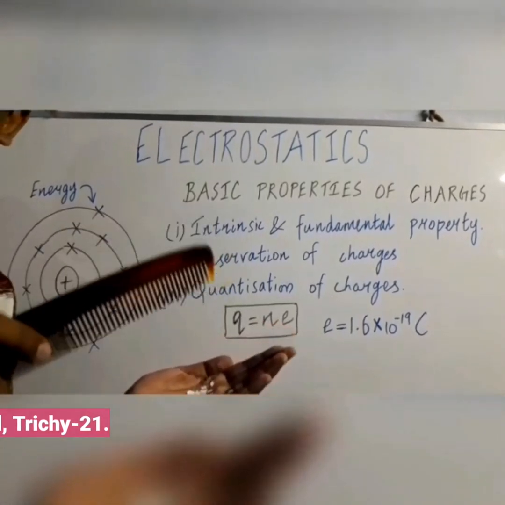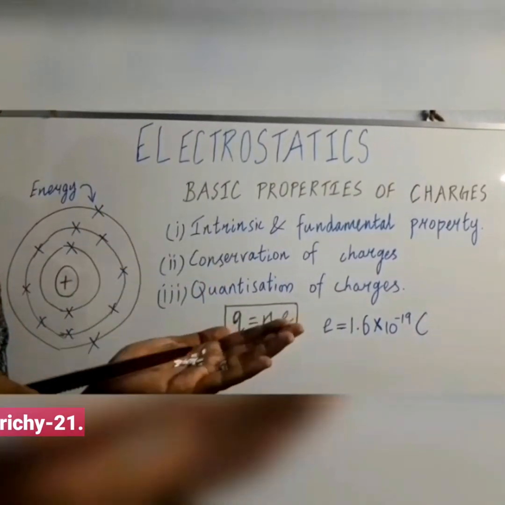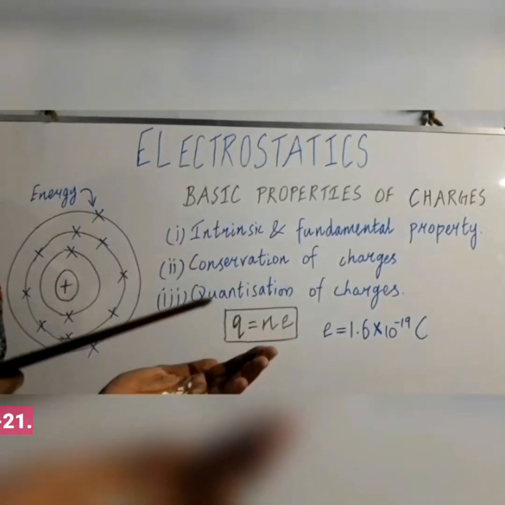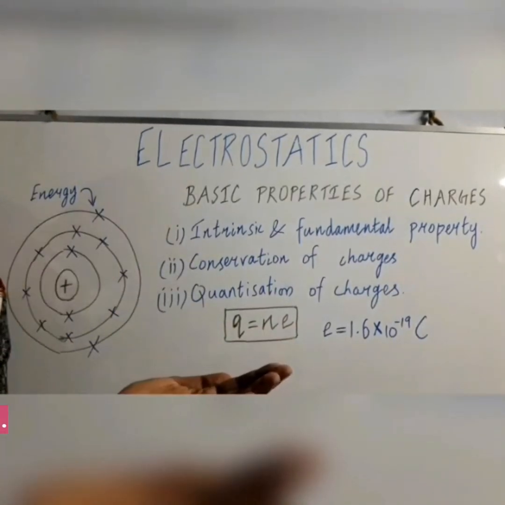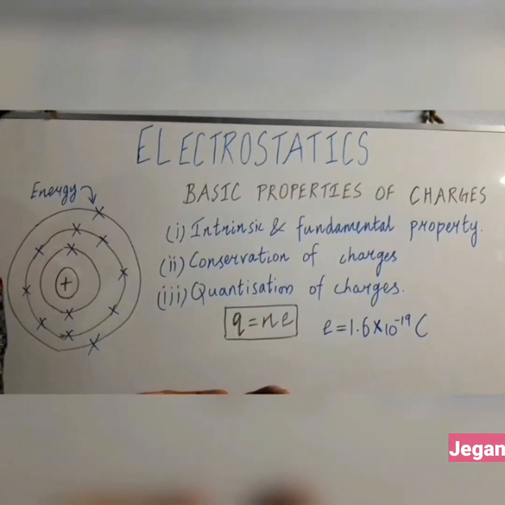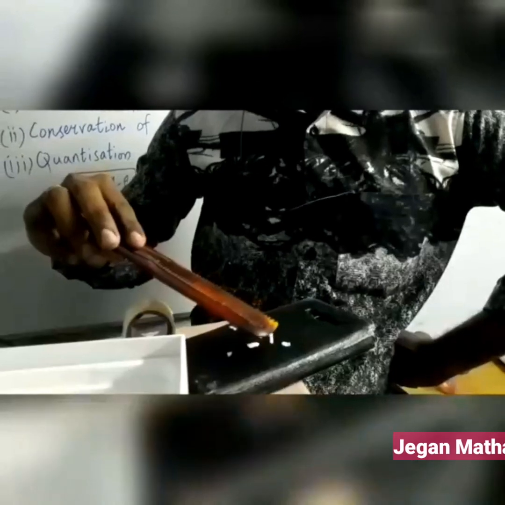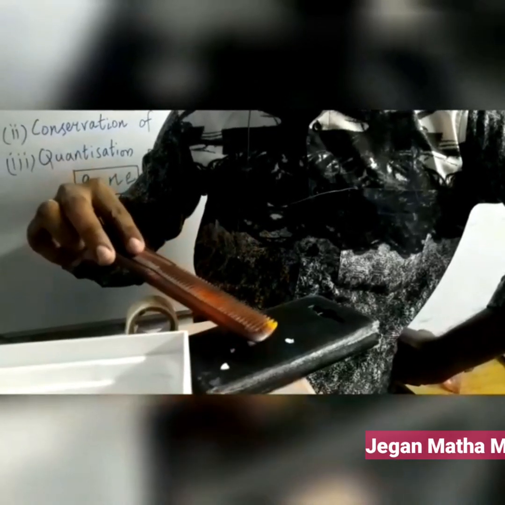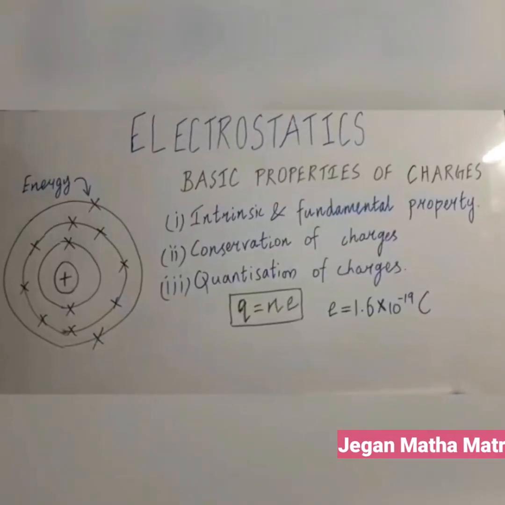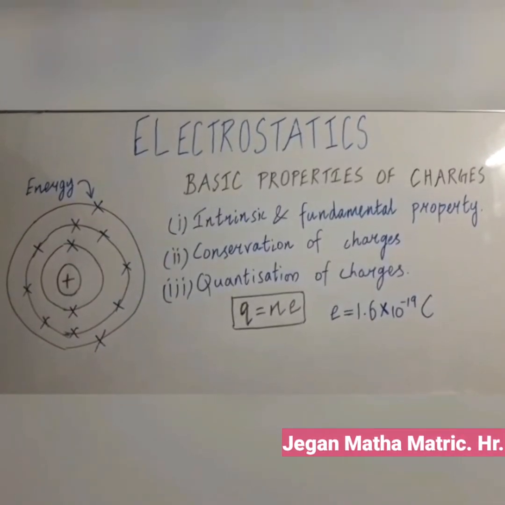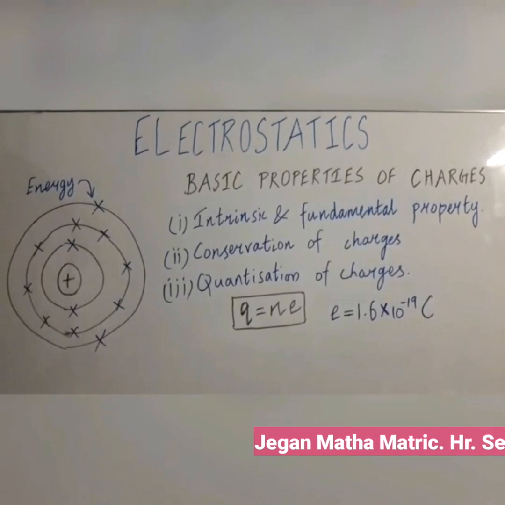Here I have taken a comb and bits of paper. If we rub this comb on our hair, it will attract the bits of paper. This shows the charge has been transferred from my hair to this comb.